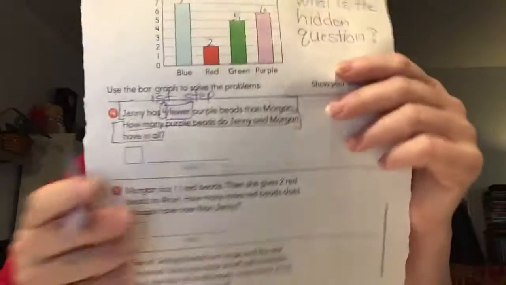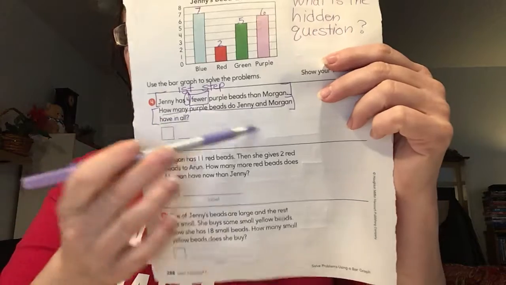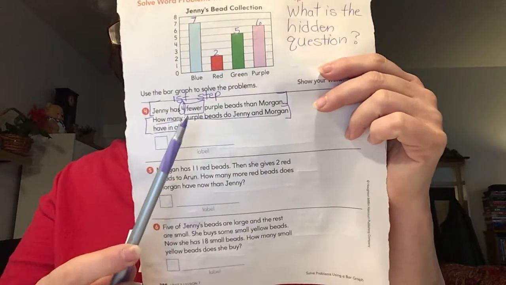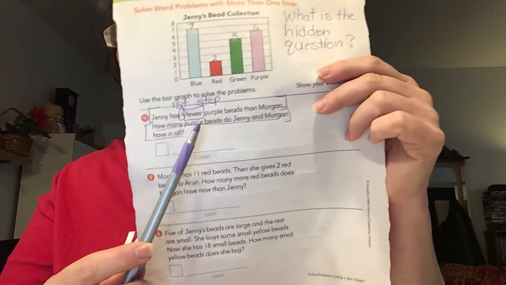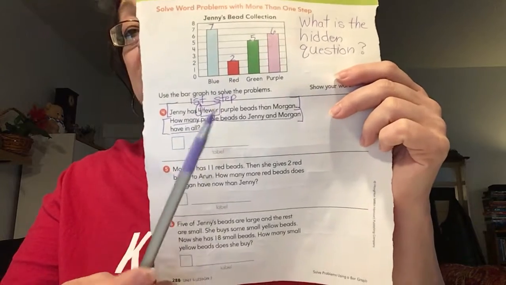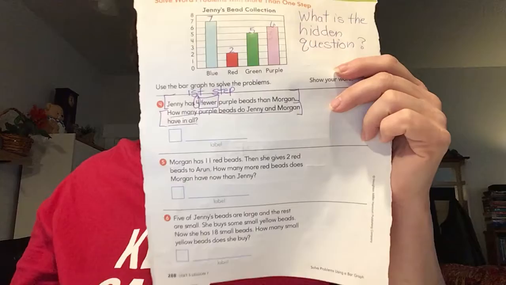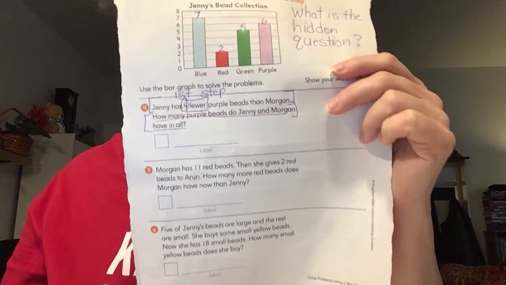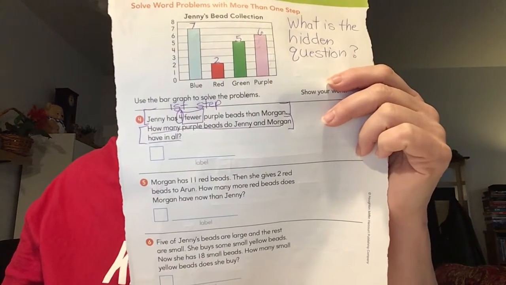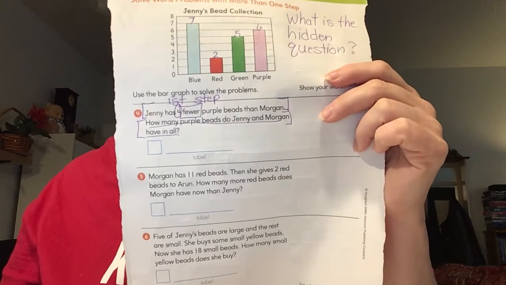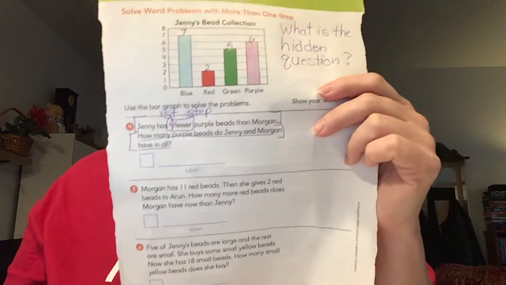Well, I'm showing you this right now. Remember how we boxed that first sentence. Notice how I circled our number, put a box around the word fewer, and wrote down first step. Before we can do anything, we have to figure out that first thing. Jenny has 4 fewer beads than Morgan.